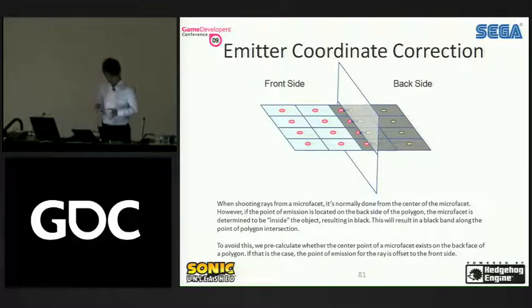This will result in a black band along the point of polygon intersection. To avoid this, we pre-calculate whether the center point of a microfacet exists on the back face of a polygon. If that is the case, the point of emission for the rays is offset to the backside.